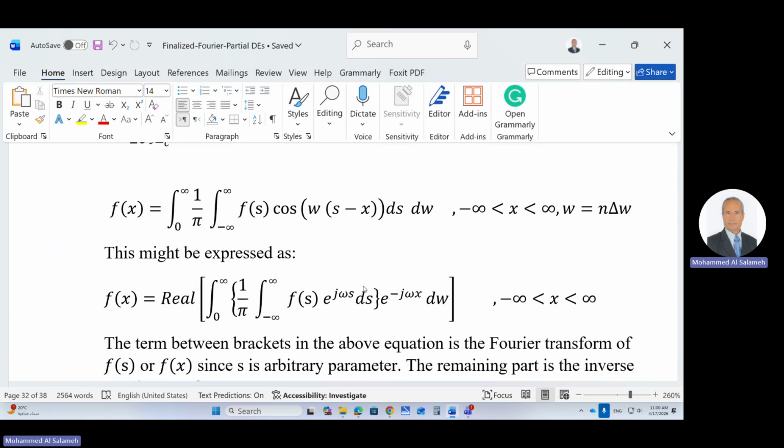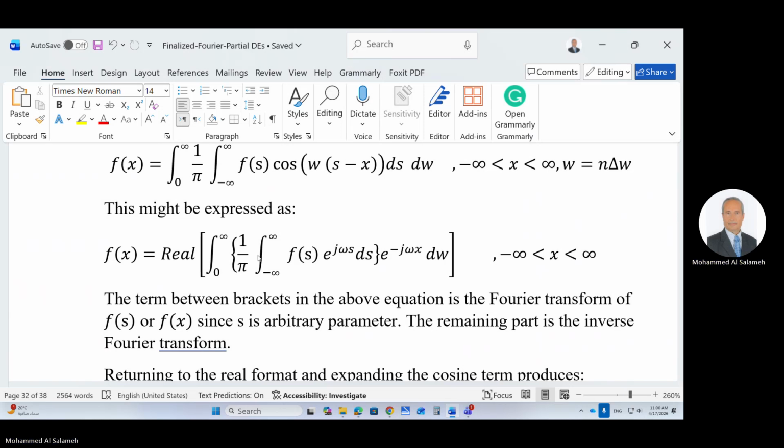Since the integral is with respect to s, we can take the x term outside this integral. The term between brackets in the above equation is the Fourier transform of f of s, which is the integration from minus to plus infinity of 1 over pi f of s e to the j omega s ds.